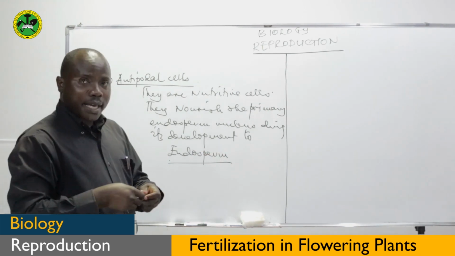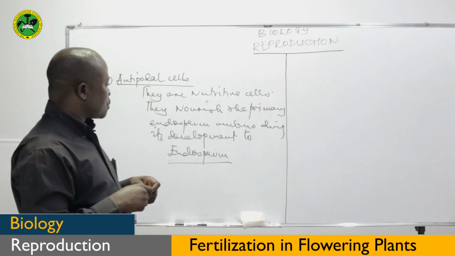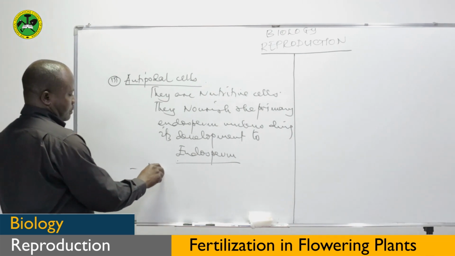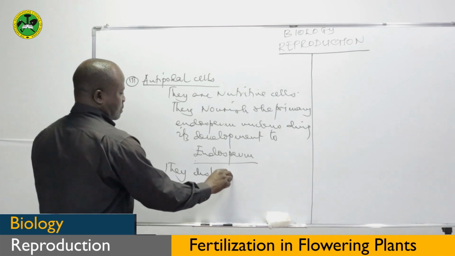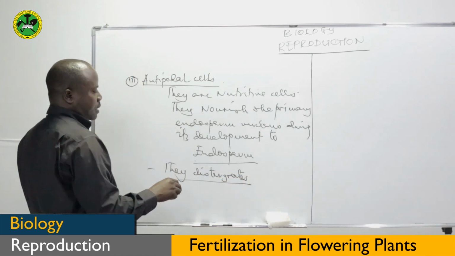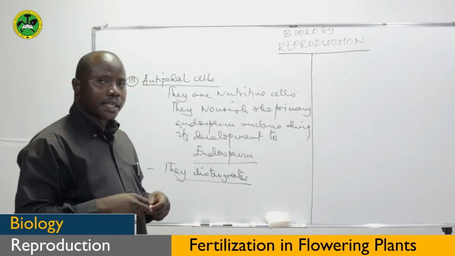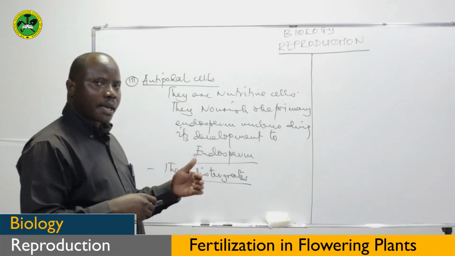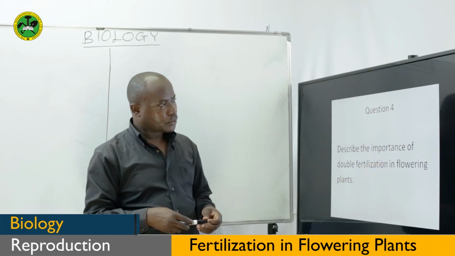After the endosperm has developed, the antipodals disintegrate. They disintegrate after the endosperm has been developed from the primary endosperm nucleus. Next question is question number 4.